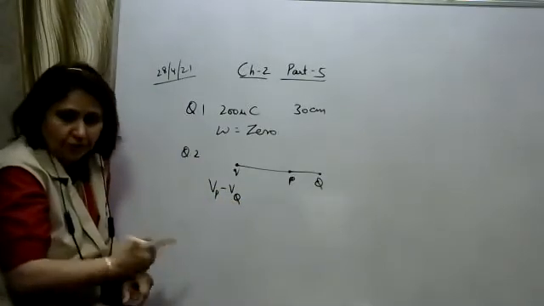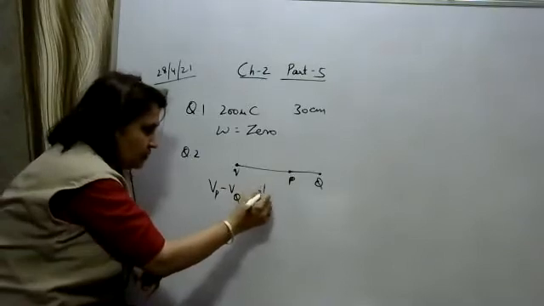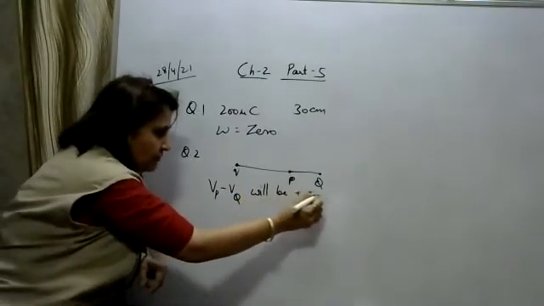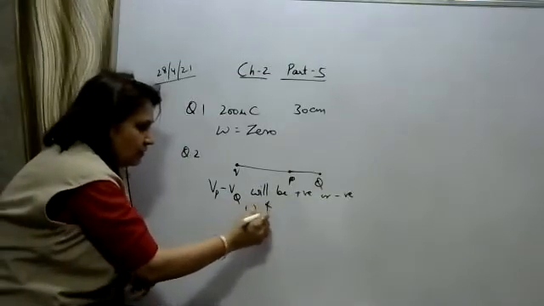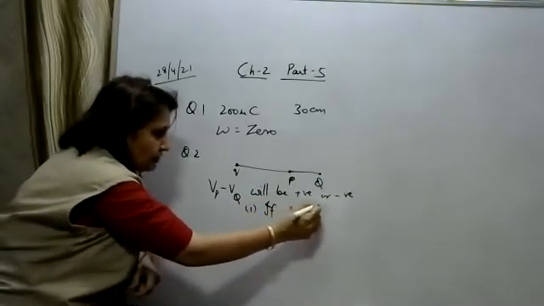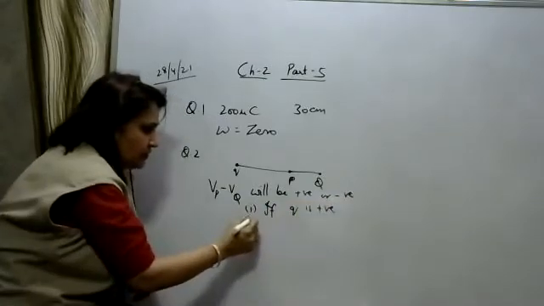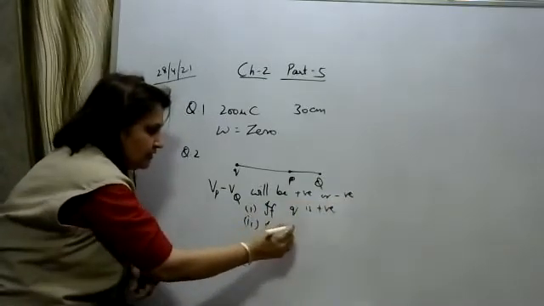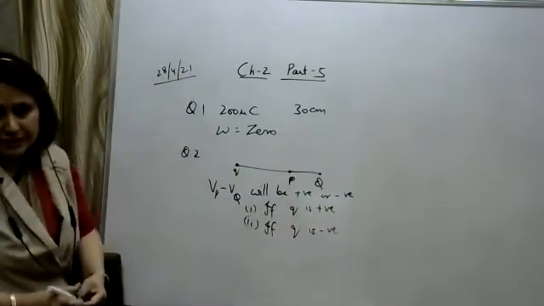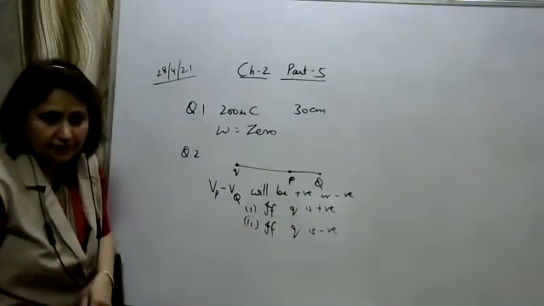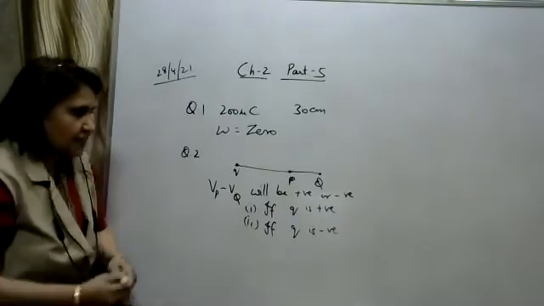Will it be positive or negative? First part, if Q is positive. Second part, if Q is negative. 15 seconds given over here. Try to simplify Vp minus Vq.